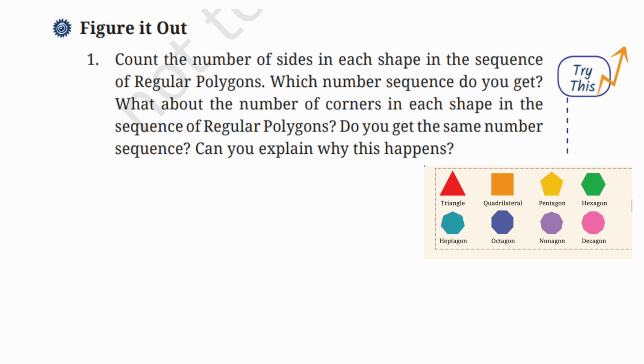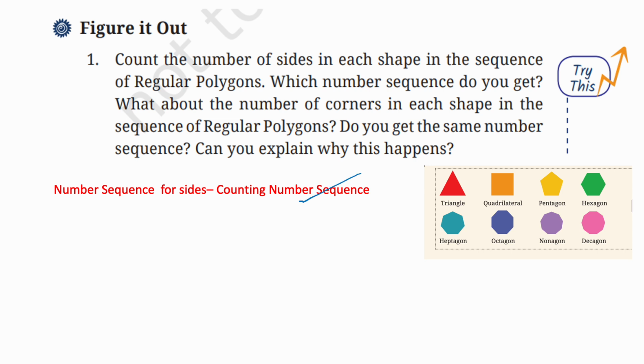In equilateral we have 3 sides, square 4 sides, pentagon 5 sides, hexagon 6 sides, heptagon 7 sides, octagon 8 sides, nonagon 9 sides, decagon 10 sides. So 3, 4, 5, 6, 7, 8, 9, 10. So what sequence is this? Counting number sequence.